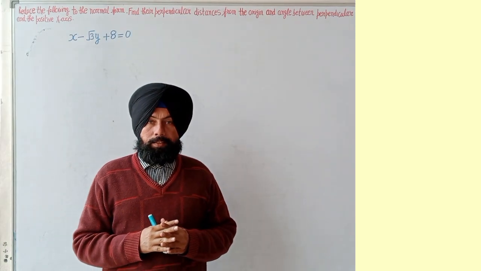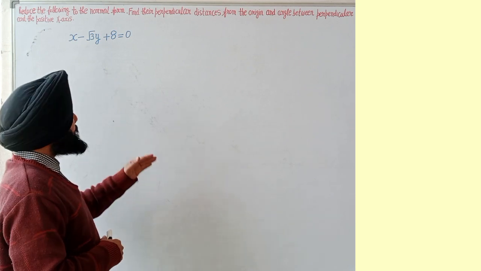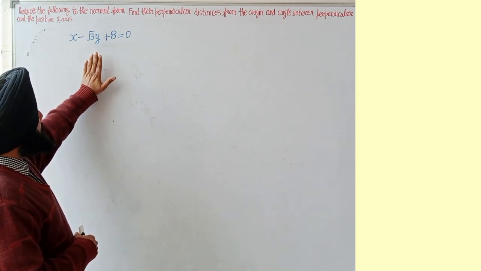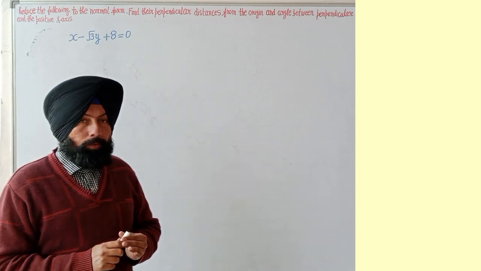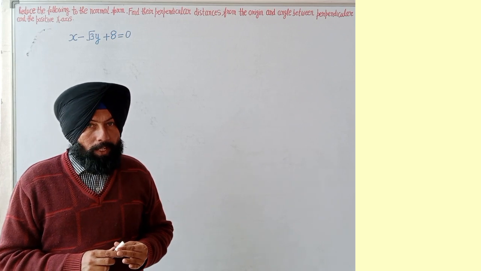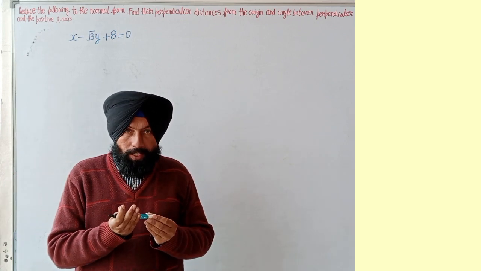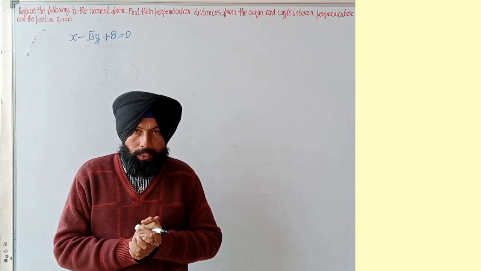In the next sum, what is given? The equation x minus under root 3 y plus 8 equal to 0. First of all, we divide this equation, which I consider as equation number 1, by the square root of coefficient of x square plus coefficient of y square.